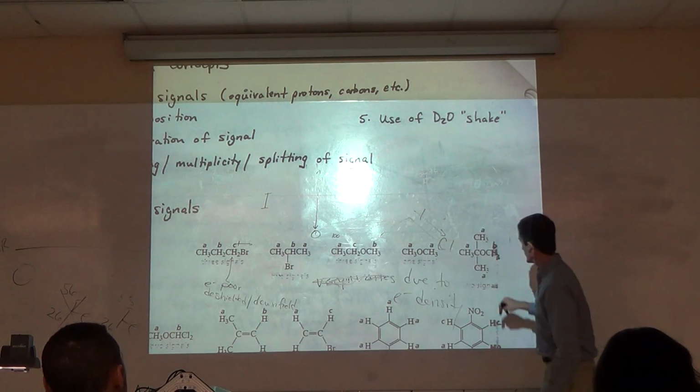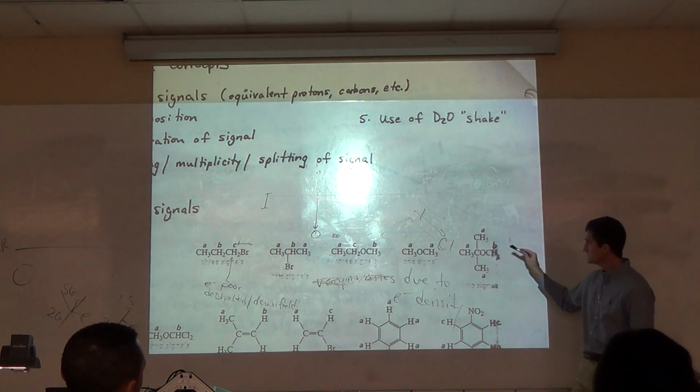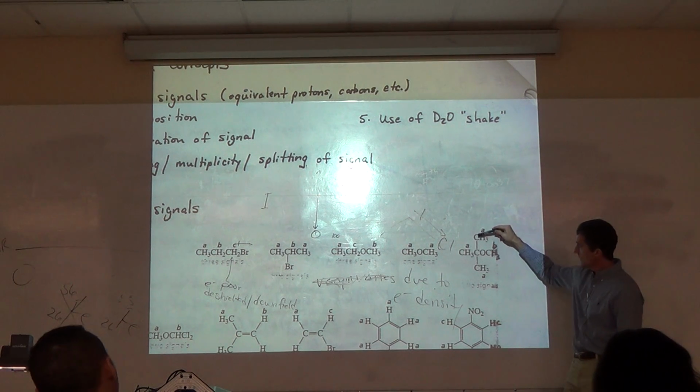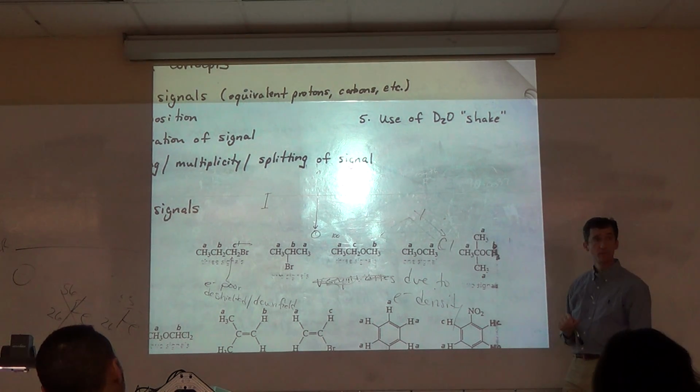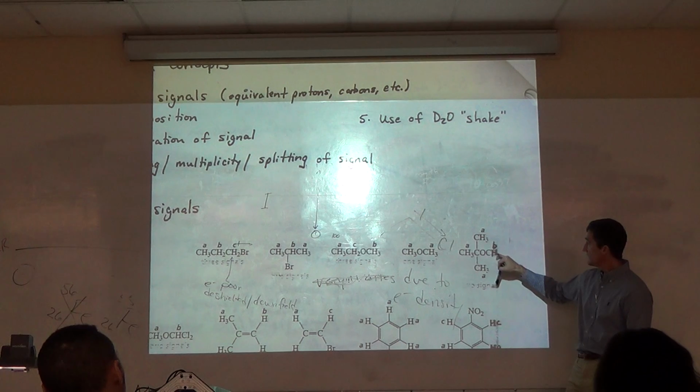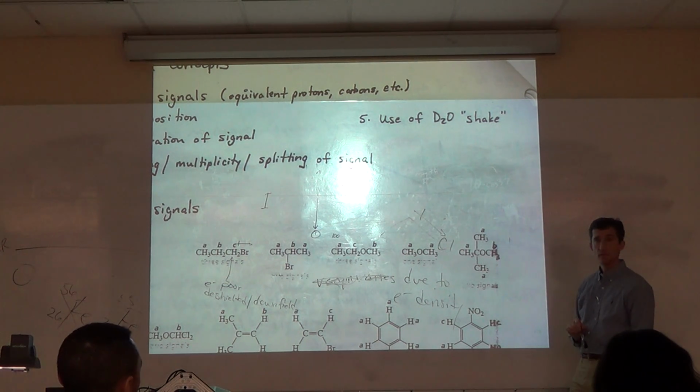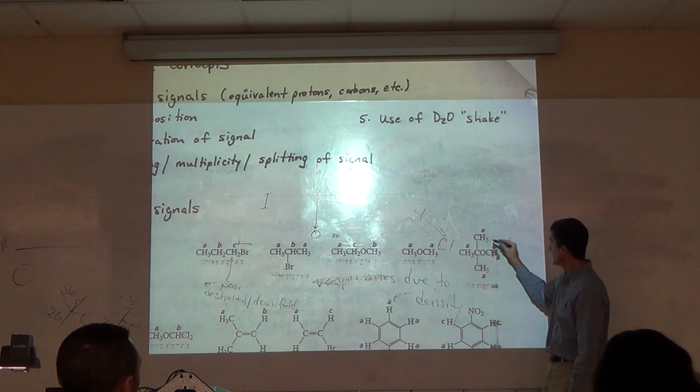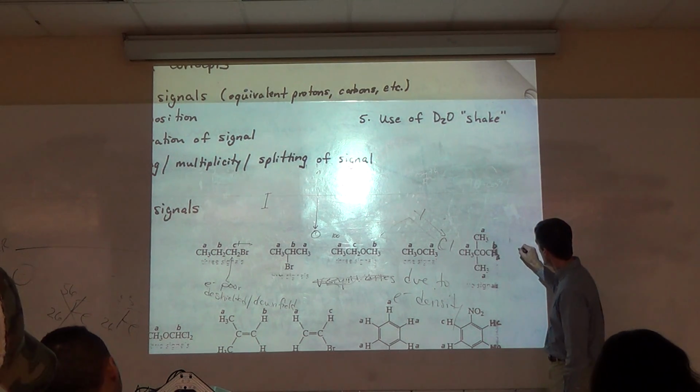Everybody agree it's only one signal because both methyls here are the same? Methyl tert-butyl ether, how many signals? Obviously 2. All these methyls are the same. That methyl's different. What about integration? That is the number of H's per signal. How many H's for A? 9.